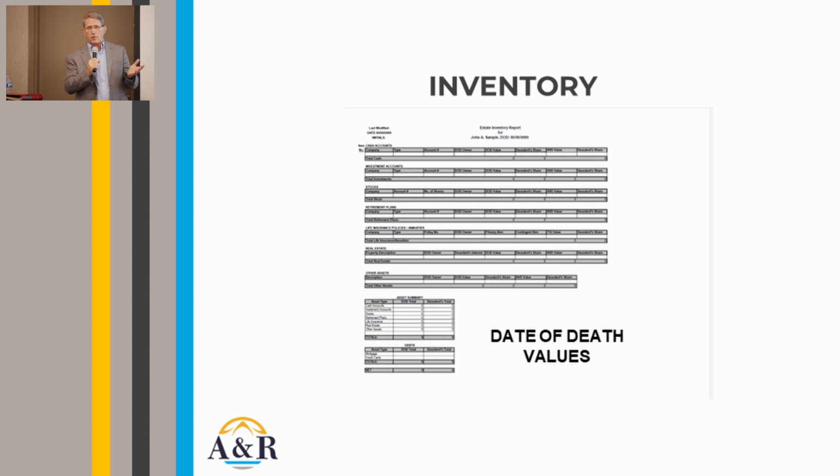Sometimes it may be a quarterly statement, so we don't have anything real close to that, but we're not going to rely on that statement for the date of death, because the numbers that go on this inventory are very important for income tax determination and for the very large estates for estate tax purposes. So that's why we're going to ask for the date of death, and that's a process of mailing out letters to the various financial institutions and letting them calculate what it was on the actual date of death.